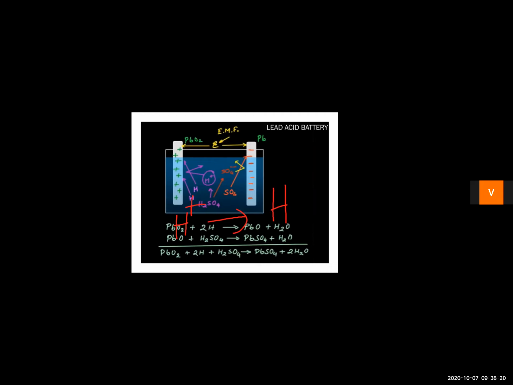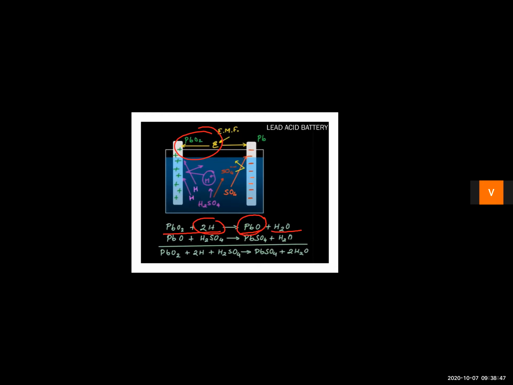So what does it do? It reacts with the PbO2 plate, and what does it form? It forms PbO plus H2O. Now this PbO is an intermediate product. Okay, this will be further used for the reaction.